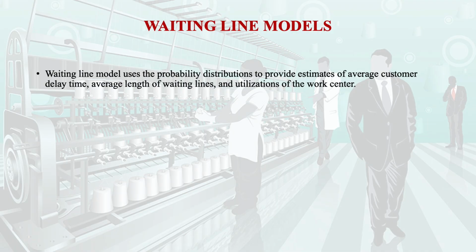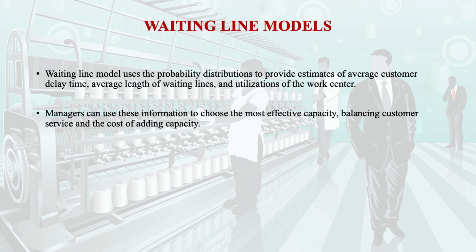Waiting line models use probability distributions to provide estimates of average customer delay time, average length of waiting time, and utilization of the work center. Managers can use this information to choose the most effective capacity, balancing customer service and the cost of adding capacity.